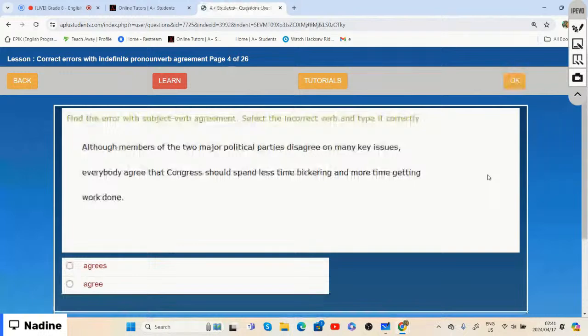Although members of the two major political parties disagree on many key issues, everybody agree that Congress should spend less time bickering and more time getting work done.